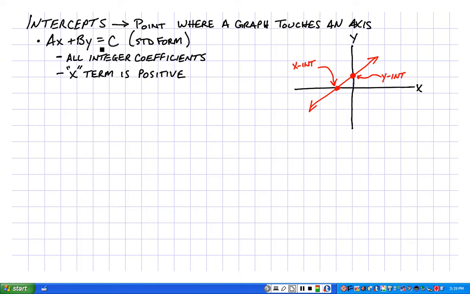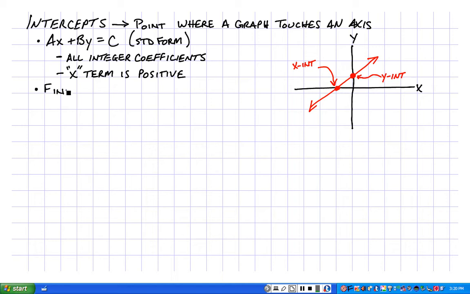In putting an equation in standard form, we have to make sure we have all integer coefficients, so no fractions, no variables for coefficients, and our x term is positive. Once we've put the equation in standard form, we can now go about finding the intercepts.